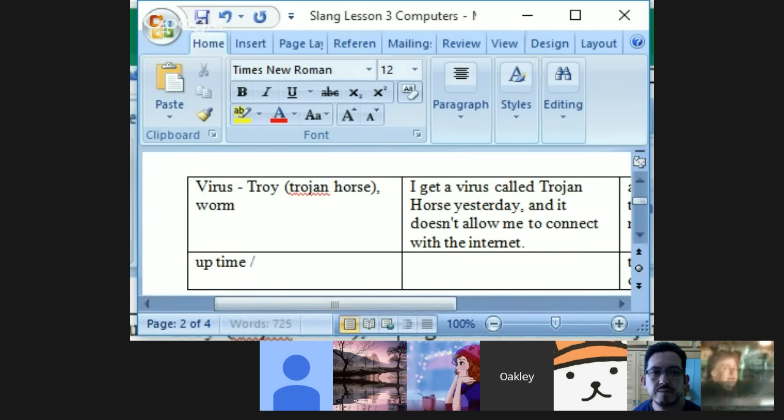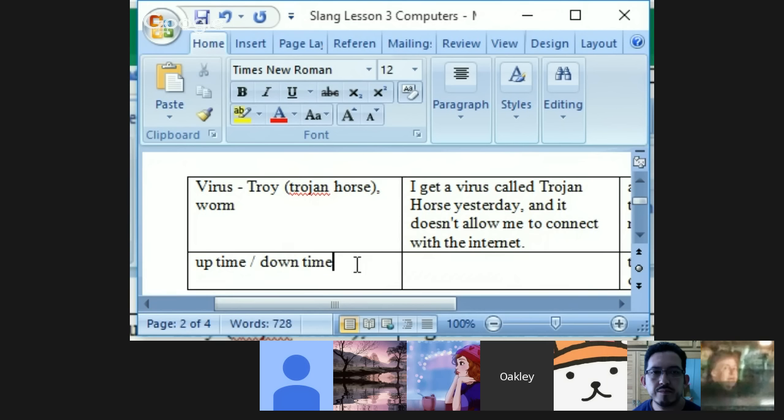Now, of course, we could use downtime. When it comes to computers, there's uptime and then there's downtime, and that's fine. But there's also downtime for regular life, for meat space. Do you know what downtime is when you're in meat space? Meat space meaning reality, the physical reality.